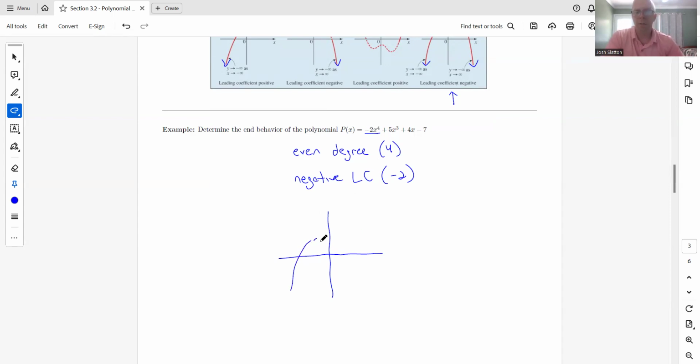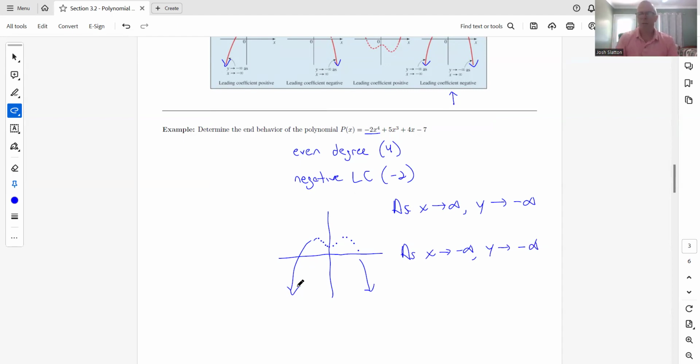It could look something like that, but we also know that at some point it's going to go back down and continue going down forever. So in this case, as x goes to infinity, y goes to negative infinity because it's going down. As x goes to negative infinity, y is also going to negative infinity because it's also going down.